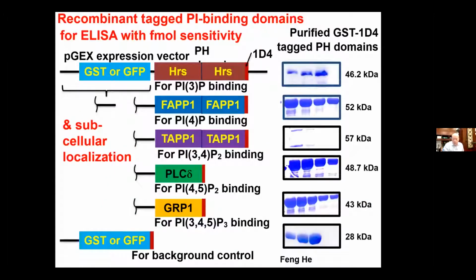Now, in order to look at these proteins in the retina, we've had to develop a series of tools. So there have been studies of phosphoinositides going back decades in the retina, but we've been very limited in the kind of information we could extract because of the lack of the necessary molecular tools for looking at specific phosphoinositides.